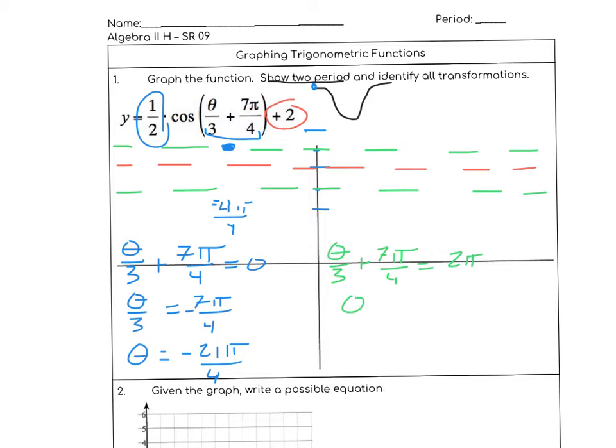Subtracting 7 pi over 4 from both sides, we get theta over 3 is equal to pi over 4, and that theta is equal to 3 pi over 4. All right, I'm going to put my end point maybe somewhere like there for 3 pi over 4.